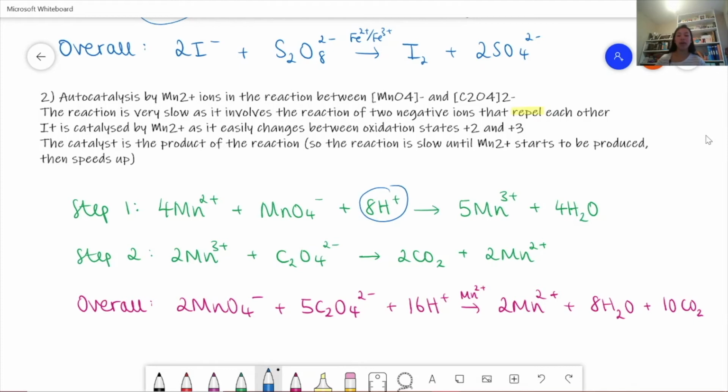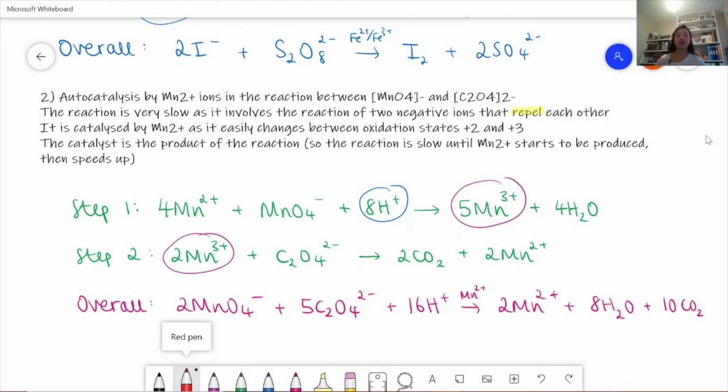And so the intermediate in this case would be this Mn3+ because it's being produced in the first step and being used up in the second step. So overall we have that 2 manganate ions react with 5 of the ethane dioate ions in acidic conditions to form Mn2+ ions, water and carbon dioxide.